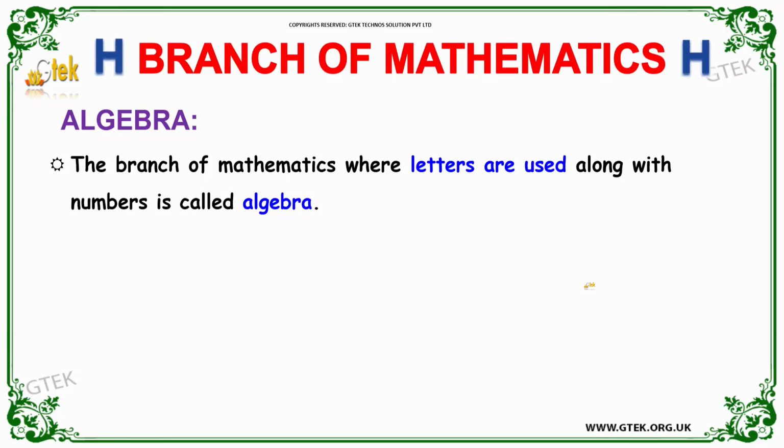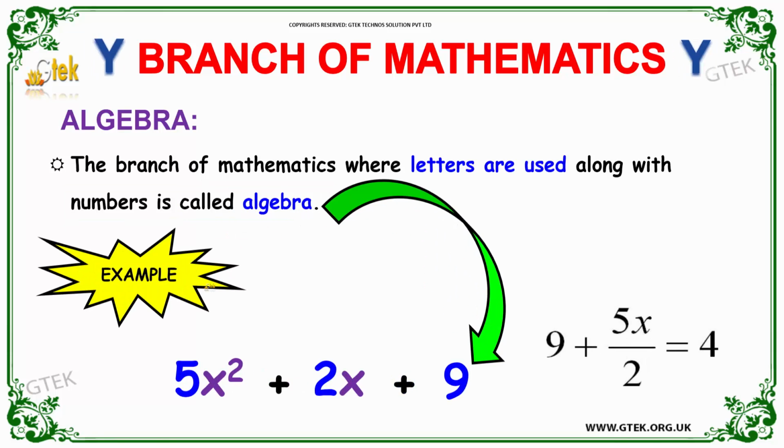Now let's see some of the branches of mathematics. First we shall see about the term algebra. Algebra is the branch of mathematics where letters are used along with the numbers. We shall see some examples. So we have 5x square + 2x + 9.